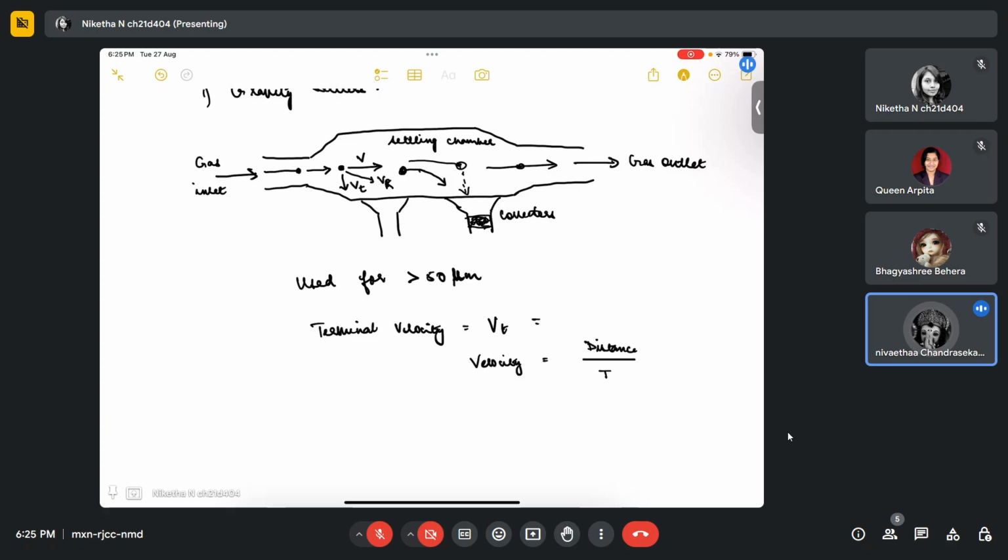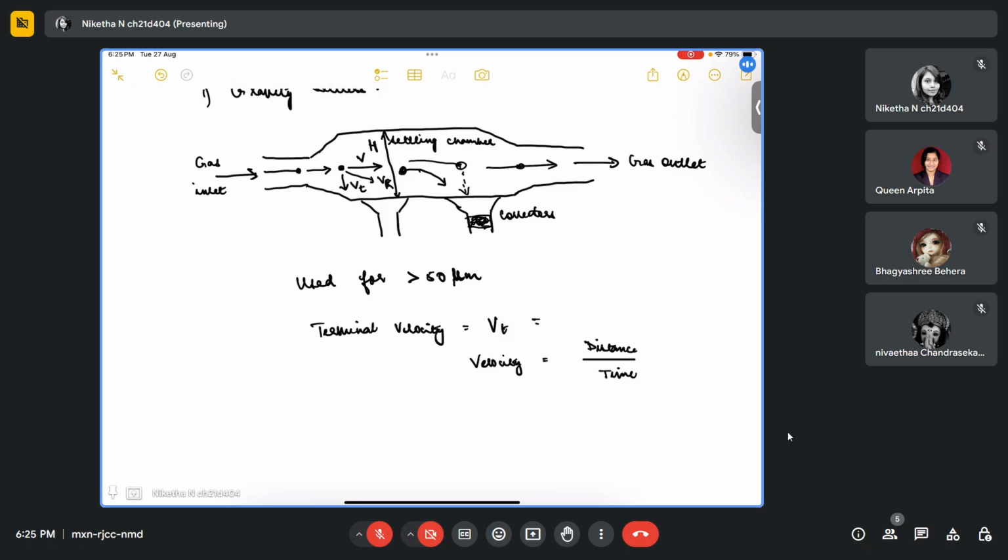So in this case, when you have a terminal velocity in this direction, you can say that this is the height of the chamber. Let's say the height of the chamber is denoted as h.